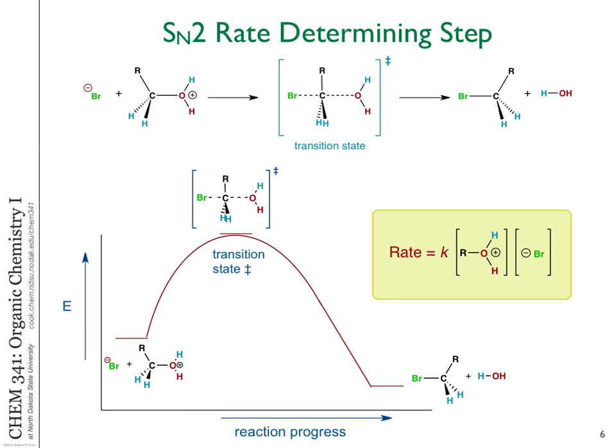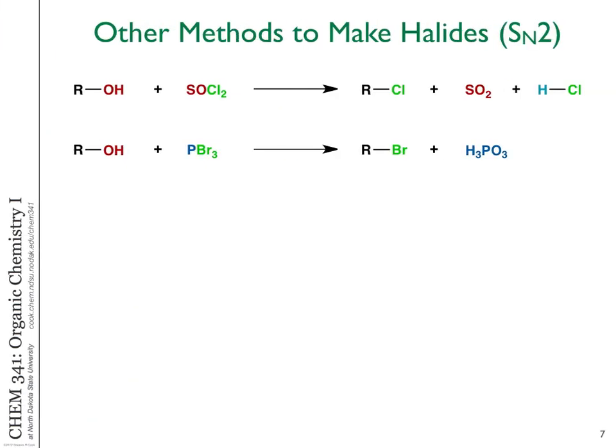There are other ways to make alkyl halides, and they involve a similar kind of process. So the way we did it with hydrogen halide is we have an alcohol. That alcohol, the C-O bond is made weaker or easier to break by protonating it, because then you could release a neutral water, right? Well, this is another way to do it, but instead of a proton going onto the alcohol to activate it, we have these reagents that can do that, as well as provide the halide source.